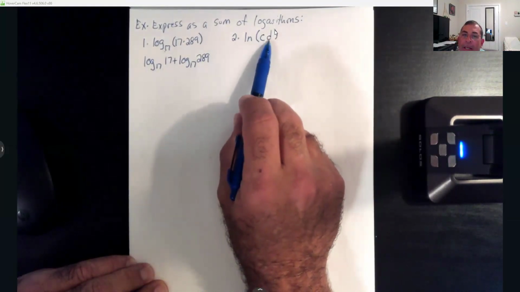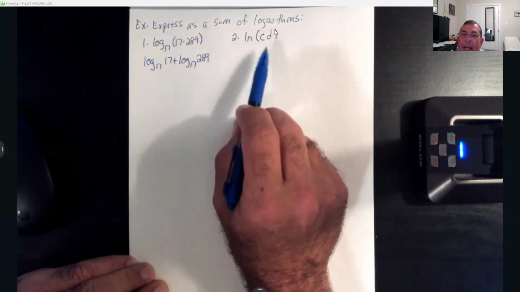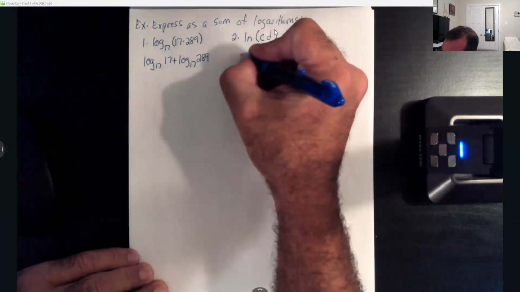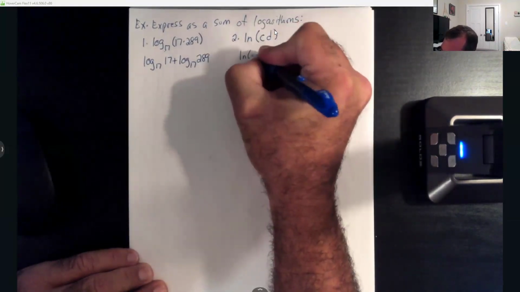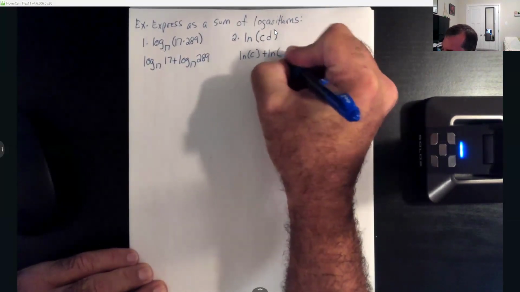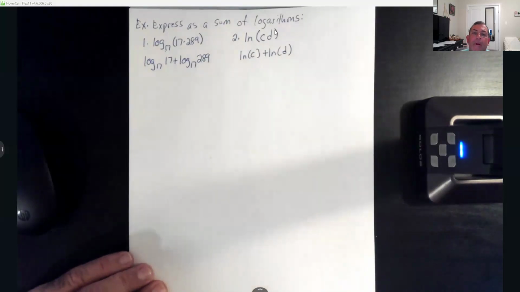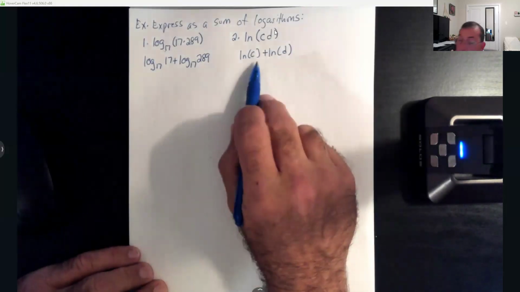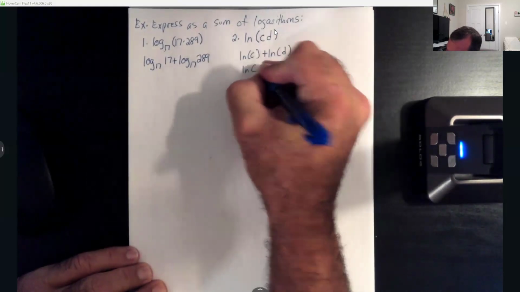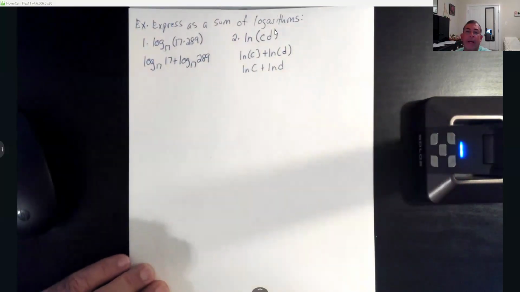But the product is the C times D, so I'm going to distribute the ln to both of these and write it as a sum. So I got the ln of C plus the ln of D. You know, at this point, you don't even have to use the parentheses. You can write this as the ln of C plus ln of D, okay?